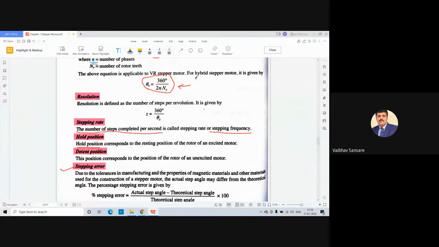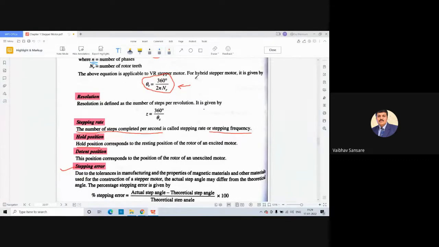Due to the tolerances during the manufacturing process, and due to the magnetic material and other constructional material, the actual step angle of that particular rotor is not equal to this theoretical step angle. So there is a certain difference between actual step angle and theoretical step angle.